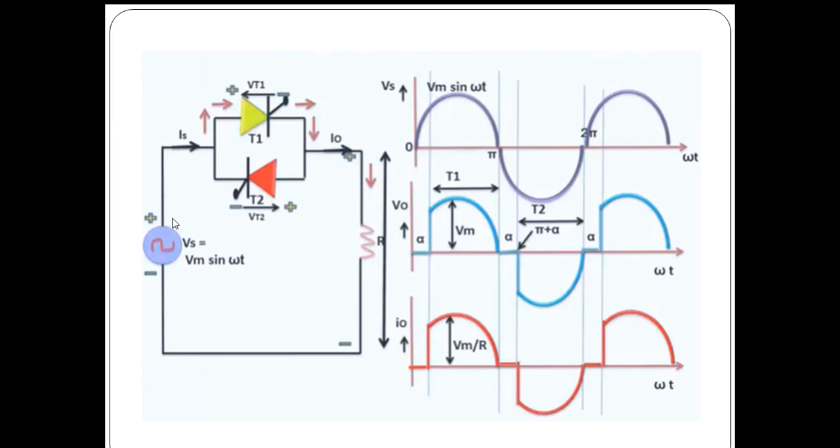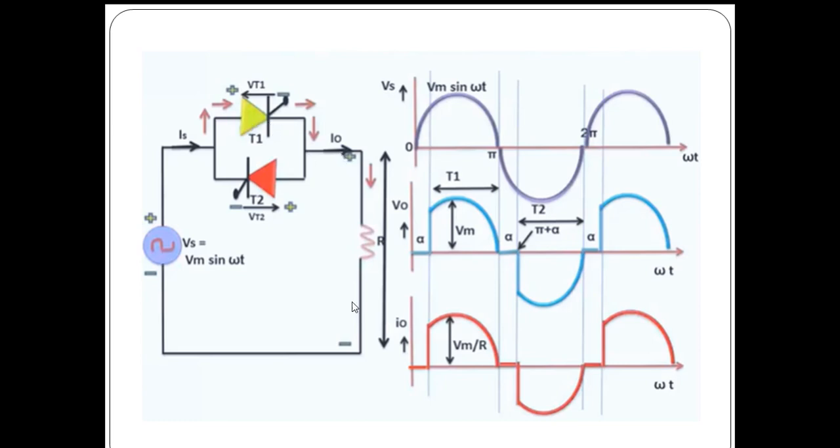When it is triggered, the current flows from supply positive through thyristor T1 and load resistance R, back to supply negative. So in this path the current flows.